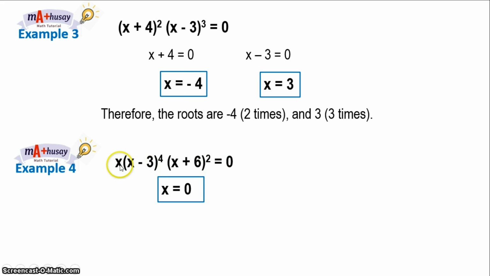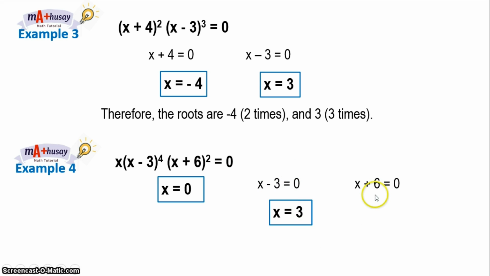Now, we take the next expression in this parenthesis. We have x minus 3. We have to equate this to 0. So, the next one is x plus 6 equals 0. Solving for x for this equation, we have x is equal to 3.